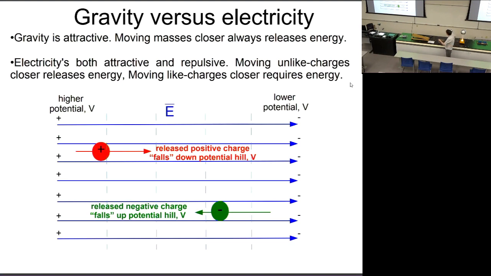There's another big difference here, and I want to show you on this picture. On this picture, I'm showing you a region of electrical field. I've made it with this wall of positive charge on the left, and this wall of negative charge on the right.